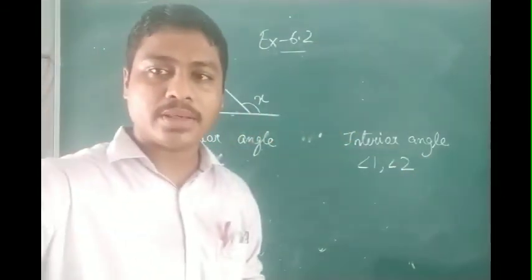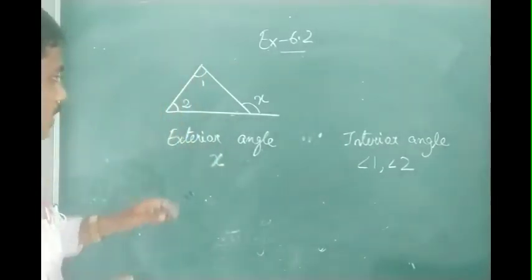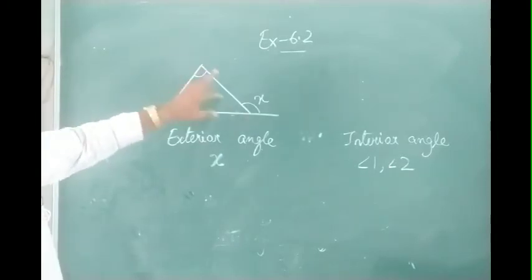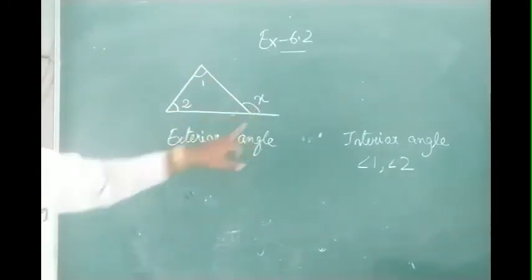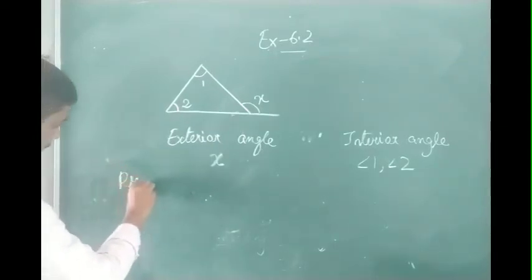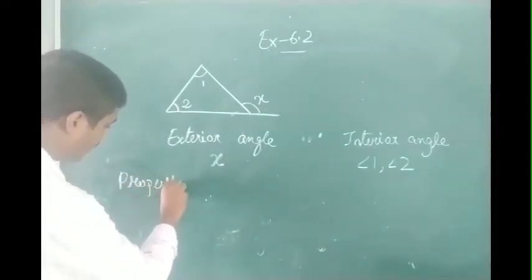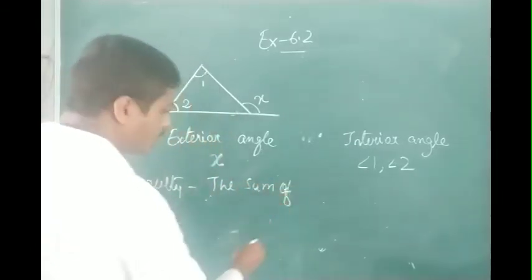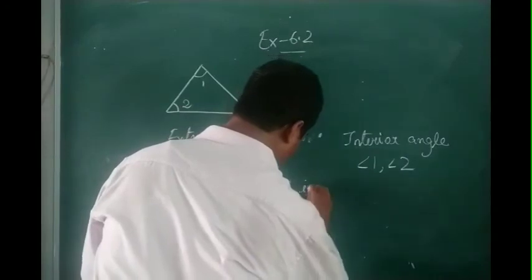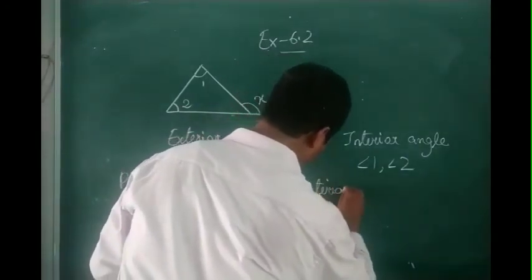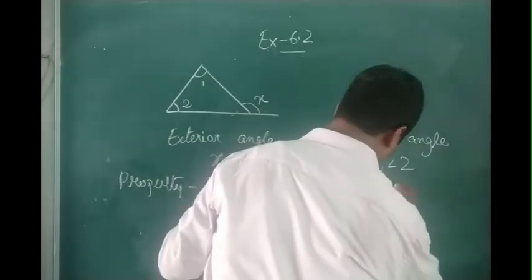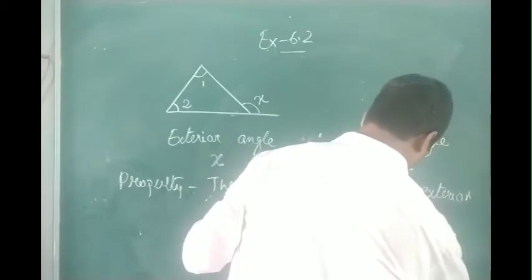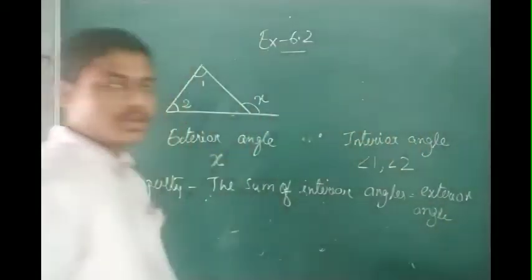So we have a property based on this. The property is that the sum of the interior angles is equal to the exterior angle. So this property you have to write in your copy. Property: the sum of interior angles is equal to the exterior angle.